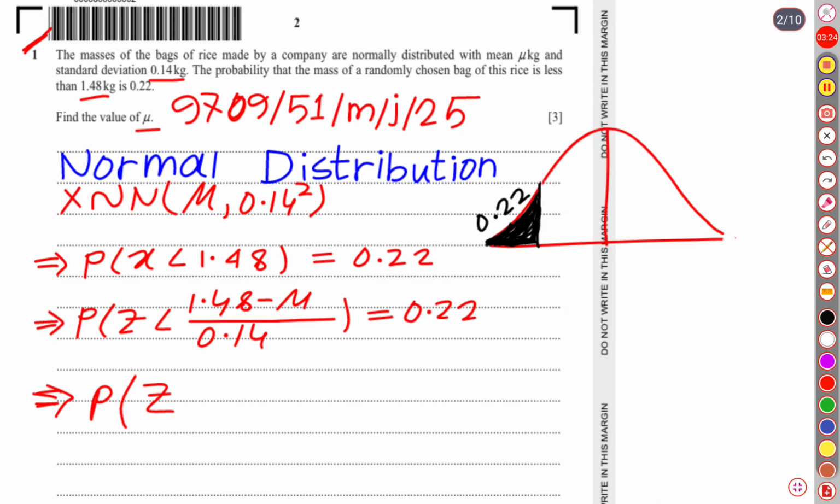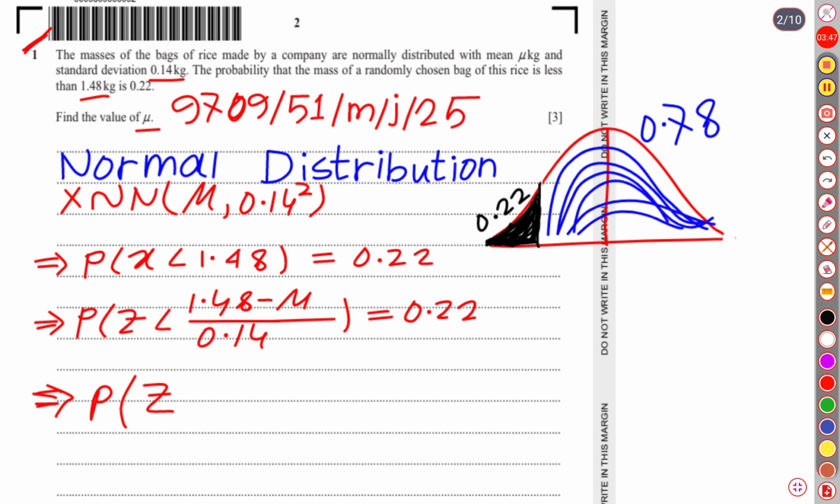Well, if this dark shaded part is 0.22, surely the rest of the part is going to be 0.78. That means this region is 0.78, because we know that the total probability is 1. So the probability of this blue shaded part is surely 0.78.